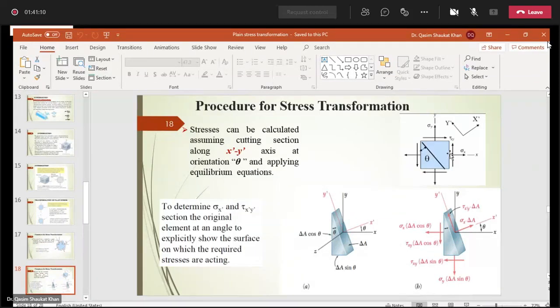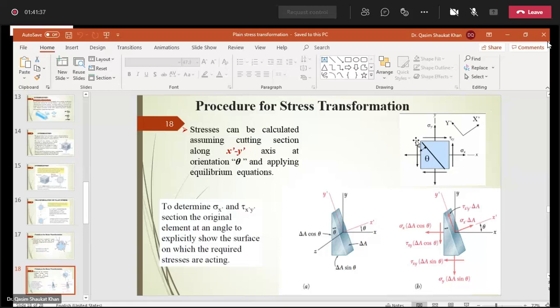So we have x-axis, y-axis, we have sigma x, sigma y, tau xy. This is over transformed axis, x dash axis and y dash axis. So we have cut the section along the y dash axis. First we will cut the axis along y dash axis and we will get the expression for sigma x dash.